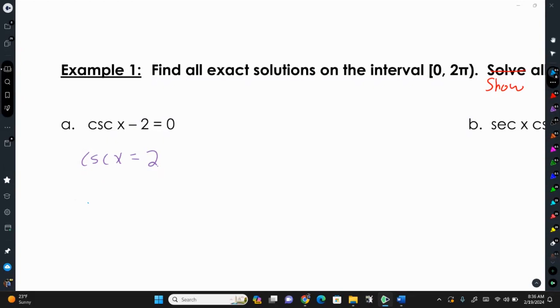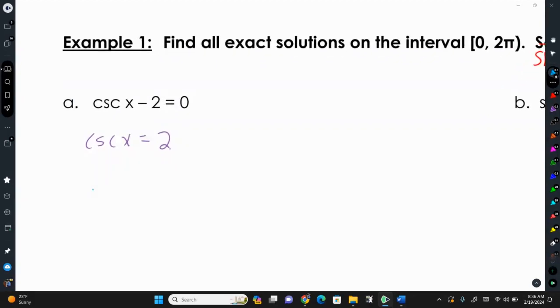However, I know that cosecant is sine flipped, so I can change this to sine x equals 1 over 2. Oh, on the unit circle, I know that sine is 1/2 at positive pi over 6 and at 5 pi over 6. Those are two angles that have a sine value of 1/2. So it's like when we did those inverse problems back in chapter 4, but now we're actually solving equations.